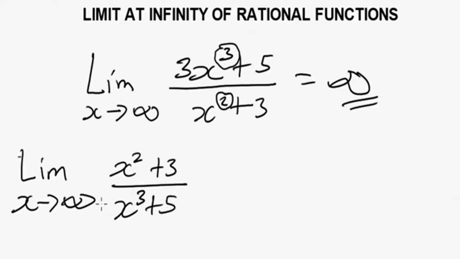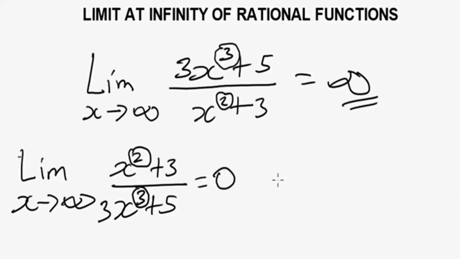Let me add 3 here. In this situation, you will see that the highest power of the denominator is higher than that of the numerator. In the denominator, we have the highest power to be 3, and in the numerator, the highest power to be 2. So when the highest power of the denominator is greater than that of the numerator, the limit of the function is said to be 0. It's as simple as that, guys.